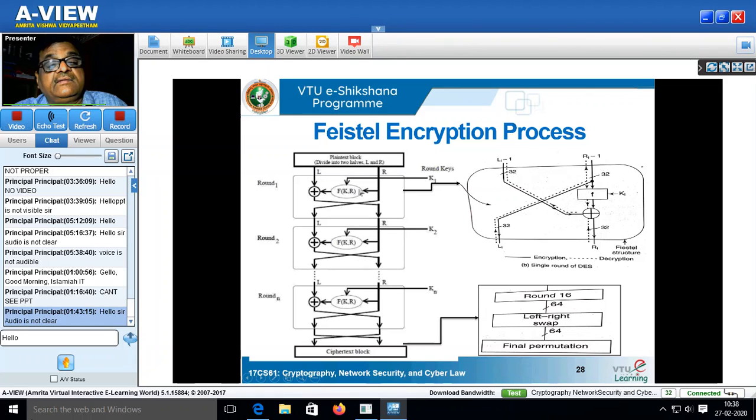Then for the right side, we are applying the function, which is a combination of the key and the right side message.